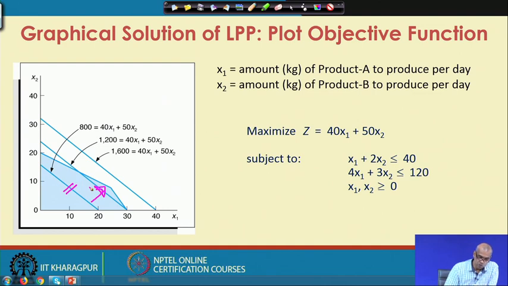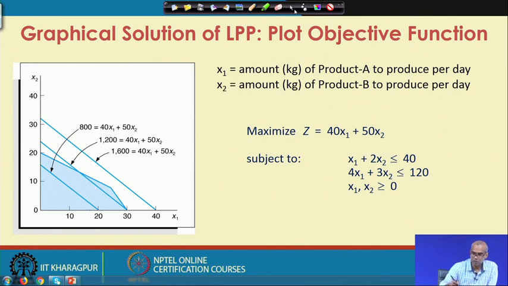And then we look at that straight line which is parallel to this line and just touches a point on the feasible region, because as the figure shows, as we move in the direction in which the objective function value is increasing, I am slowly going out of the feasible region.